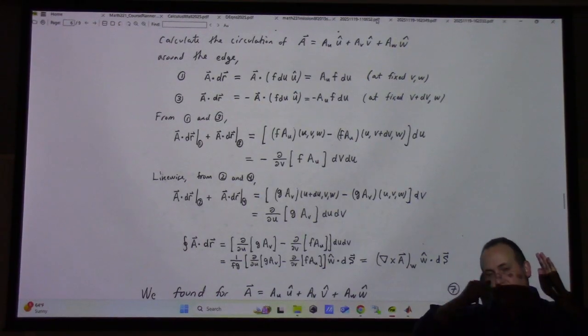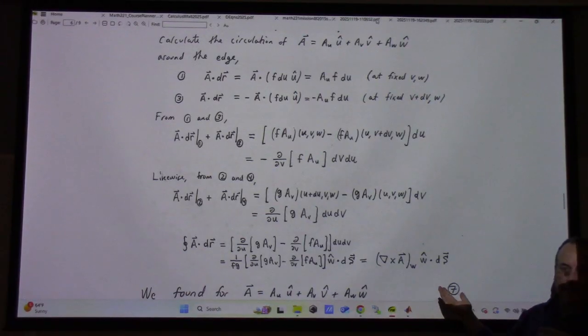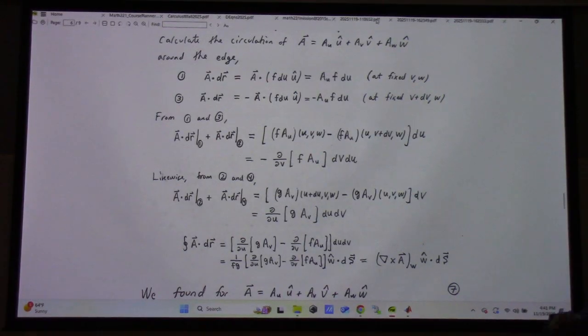The Stokes version of Green's theorem, the standard version, right? This is exactly that argument. Instead of horizontal line segments and vertical line segments like I did in my previous Calc 3, now we have curvilinear sides that correspond to the curvilinear coordinate systems, and we pick up the scale factors because that's how it works. When you have curvilinear coordinates, you don't just have dx or dy, you also have the scale factor.